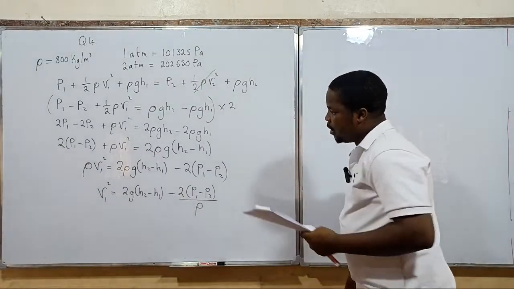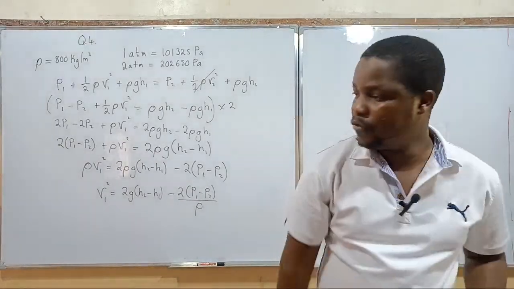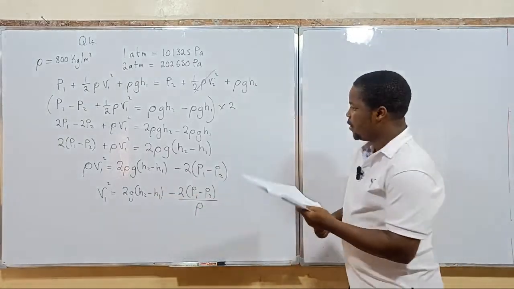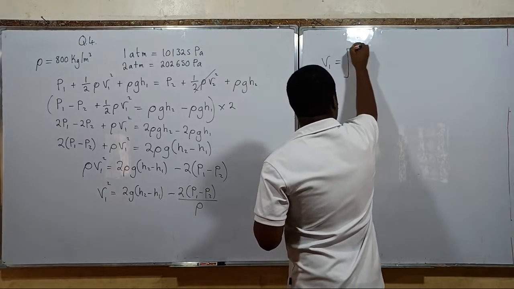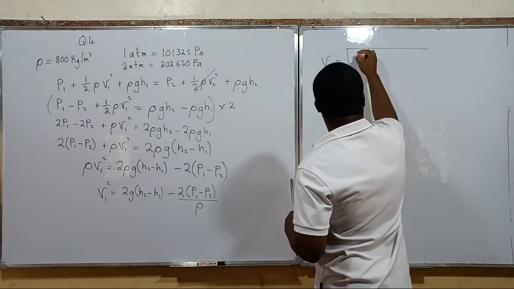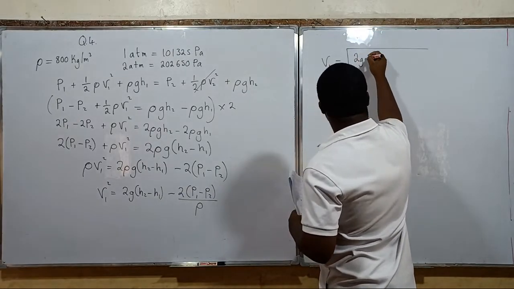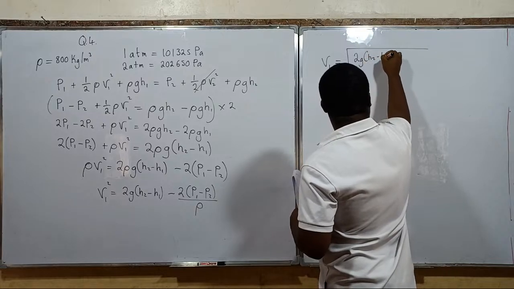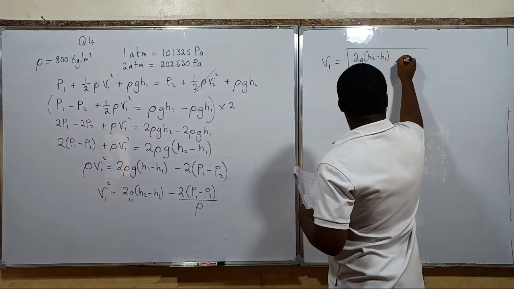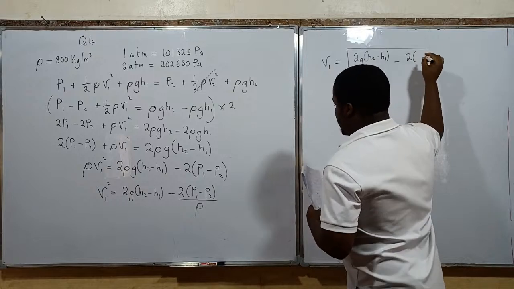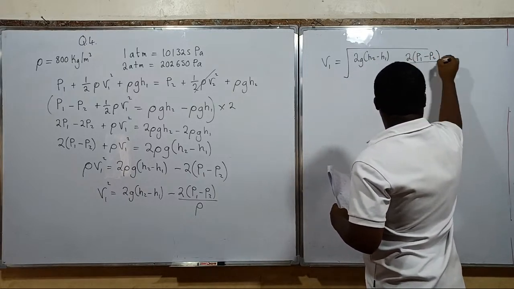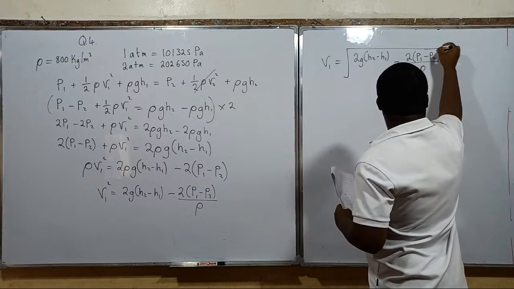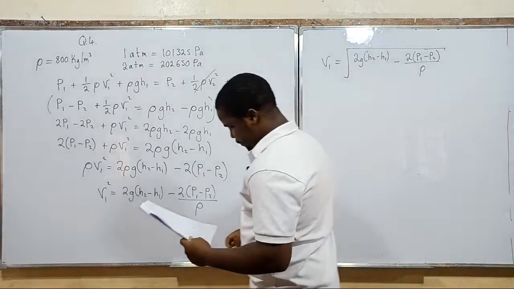So since we're making velocity the subject, now we can introduce a root to get rid of the square. So that we have velocity is equal to the square root of 2g, h2 minus h1, then minus 2, pressure 1 minus pressure 2 divided by rho, like that.